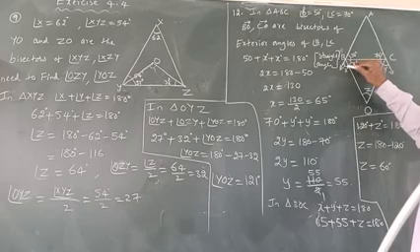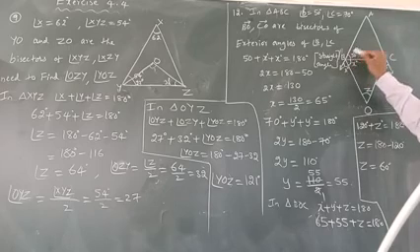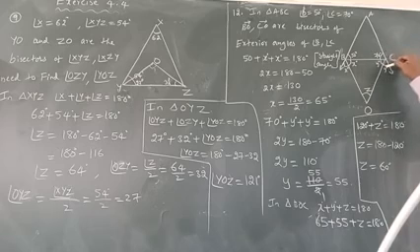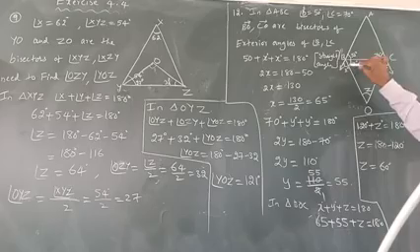Then this is the exterior angle. When AB is extended, this angle is the exterior angle of AB. This angle is the exterior angle of AC. These two angles are exterior angles.